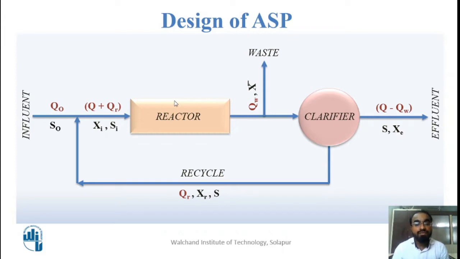So when the return sludge which is coming from the clarifier is added, then the flow rate becomes Q plus QR, where QR represents the flow rate of return sludge. Now Xi is the MLSS which is there in the influent, and Si is the substrate or the soluble BOD which is coming into the reactor.